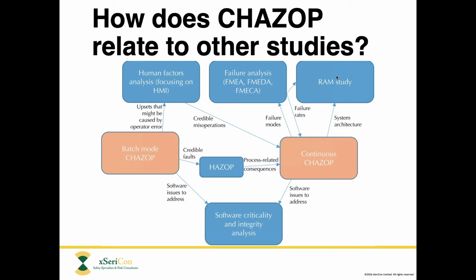One of the questions we need to ask is, what kind of faults or upsets can occur in the control system that controls that sequence?